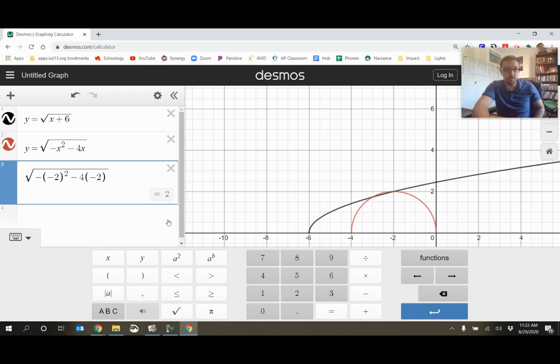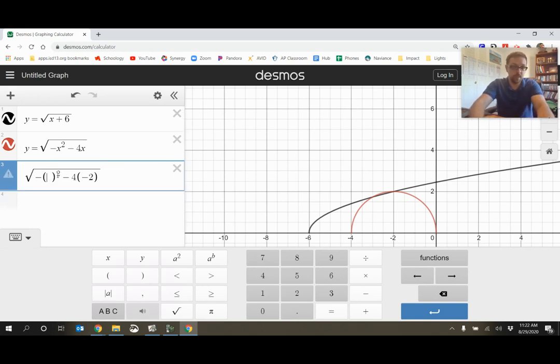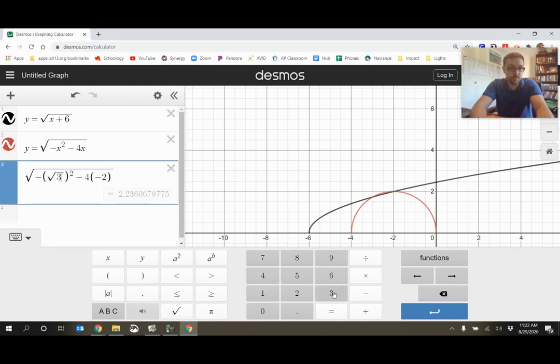And then boom, cool, it calculated it for us. Thanks, Desmos. And then you could really quickly swap in our other one, which was the square root of 3. Oh wait, no, it was just 3. The answer was 3. The y value should be the square root of 3.